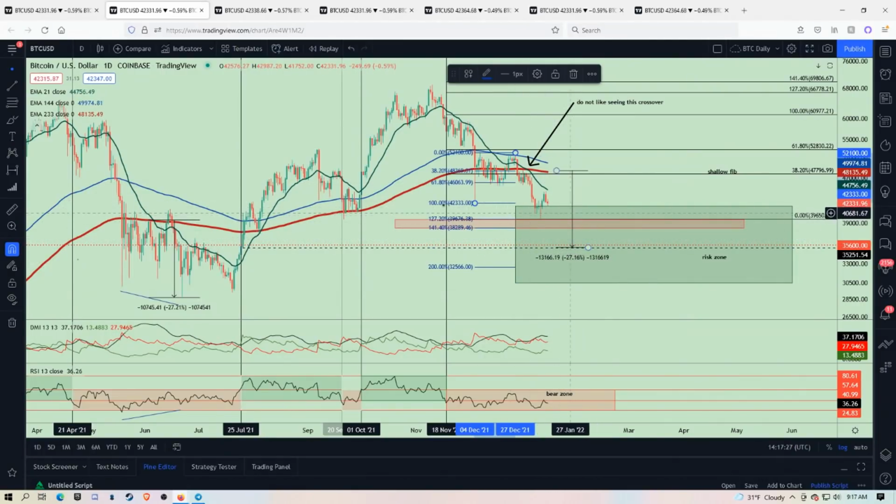And the reason I like that is, I mean, this isn't rocket science or anything. I just kind of noticed this, but when this 21 exponential moving average crossed over through both of these right here, from this crossover point to the low, it was a 27% drop from that point to the low.